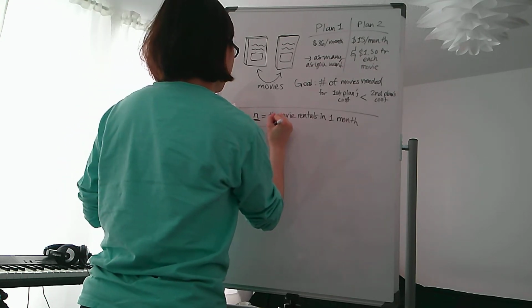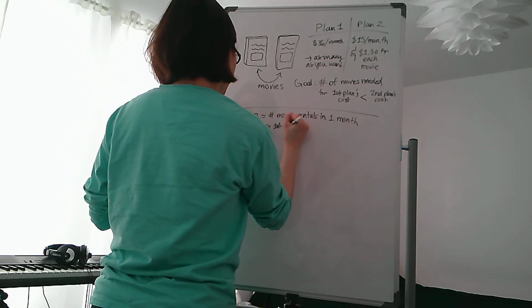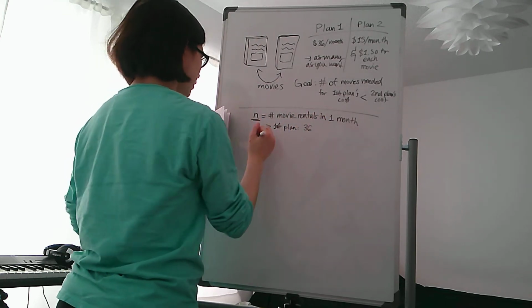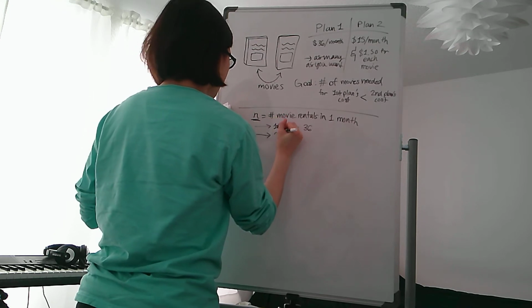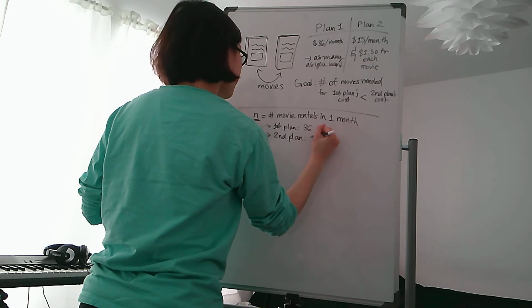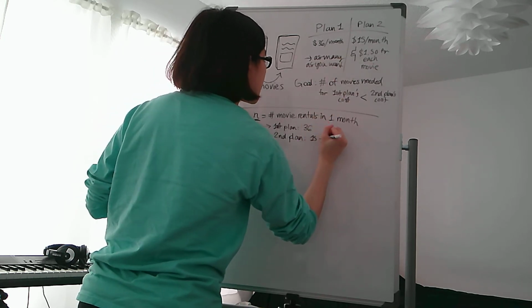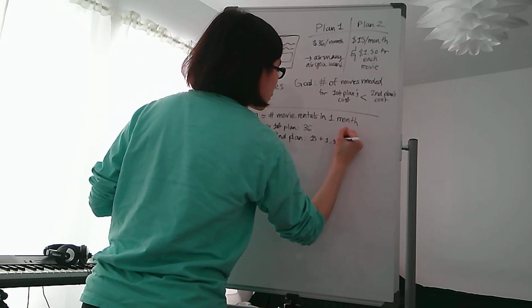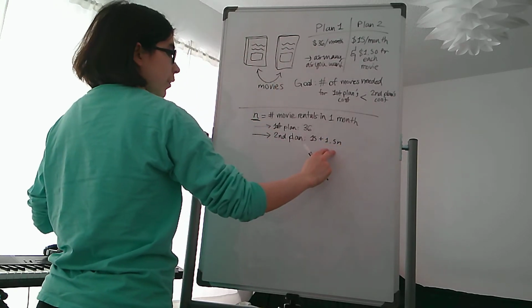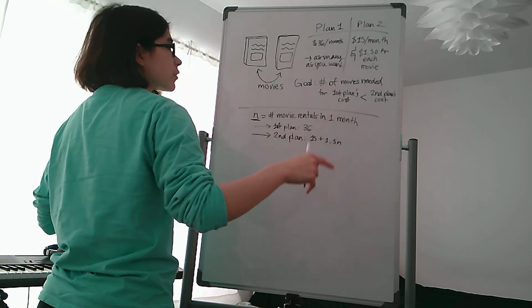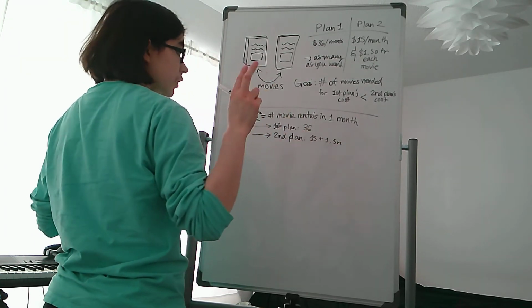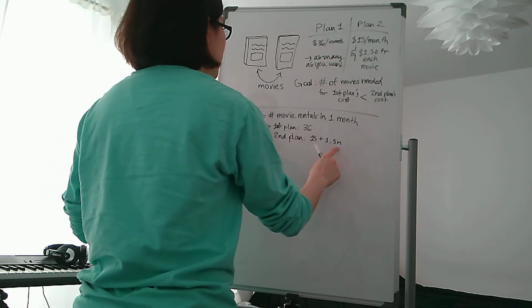So the first plan is 36, because we're talking in dollars. The second plan is 15, so the $15 plus $1.50 per movie, so that's 1.5n, where the number of movies is n.